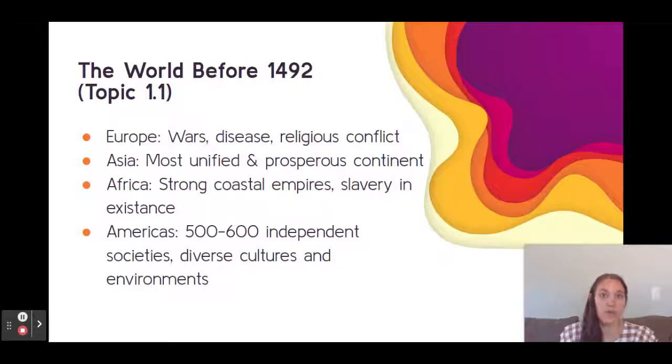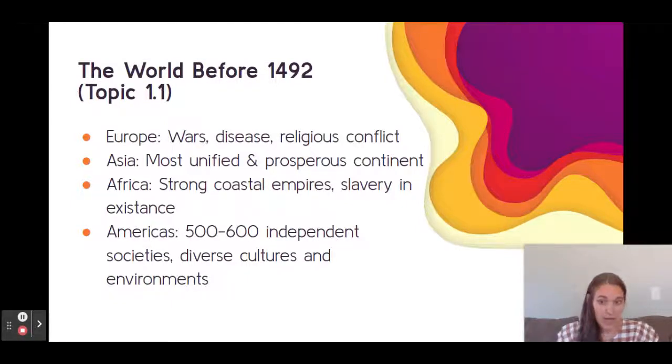Africa is known at this time for some very strong coastal empires, and slavery is already in existence. For period 1, the way that Africa will mostly be incorporated into this unit is by the beginning of the transatlantic slave trade. Understanding some of those basics of what's happening on the continent prior to the transatlantic slave trade will help you understand how Europeans manipulated that system.